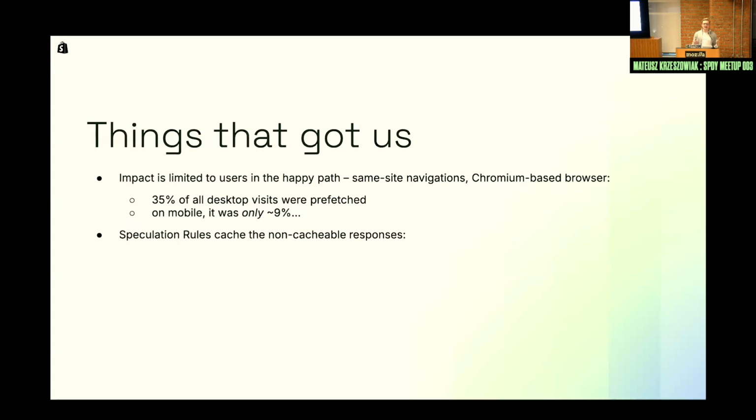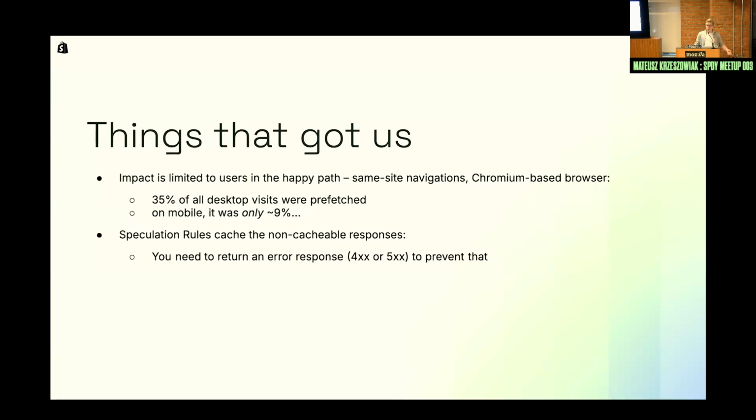So if you made any assumptions like, hey, I'll just send a cache control private, no cache, whatever, and be done with it, well, speculations don't care. As long as a specific link matches your configuration, the browser will just ignore that and keep it in a cache for 5 minutes until somebody uses that.